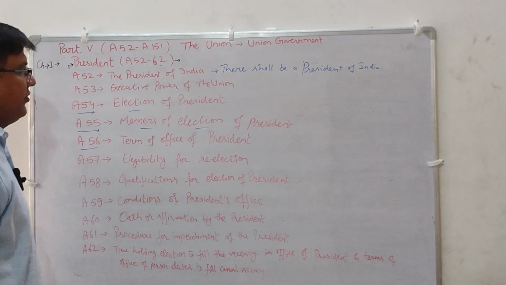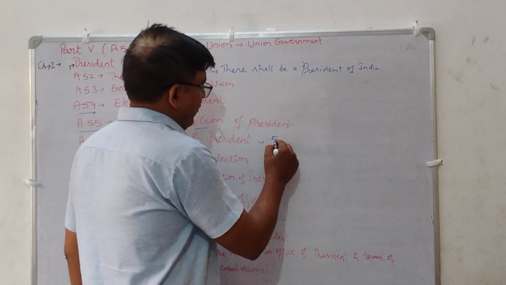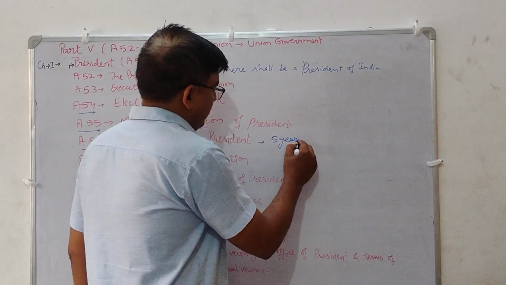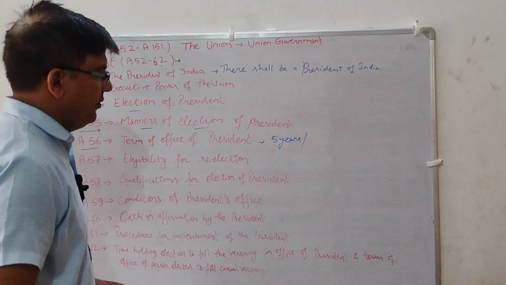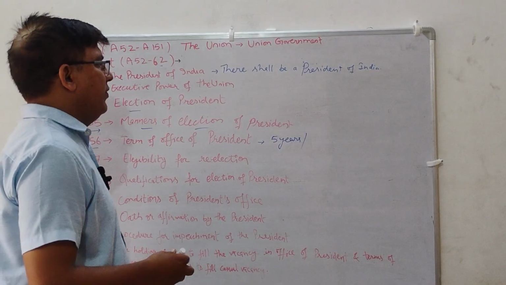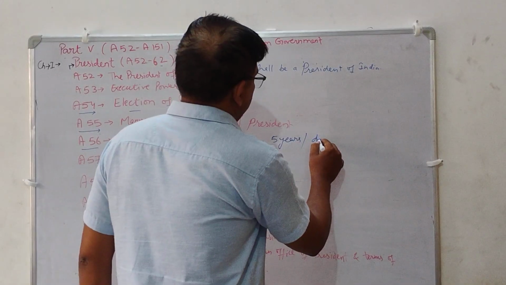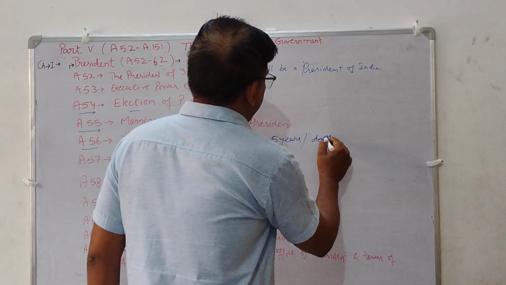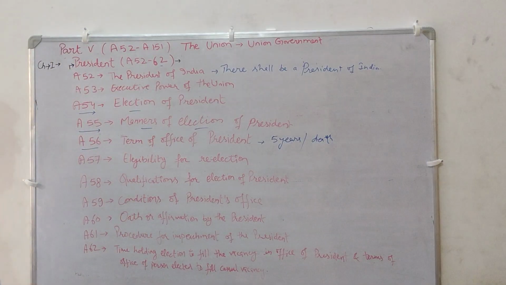Article 56, term of the office of President. We have discussed 5 years. If vacant, then a new President. In case of death, a new President can take the position of President after election.